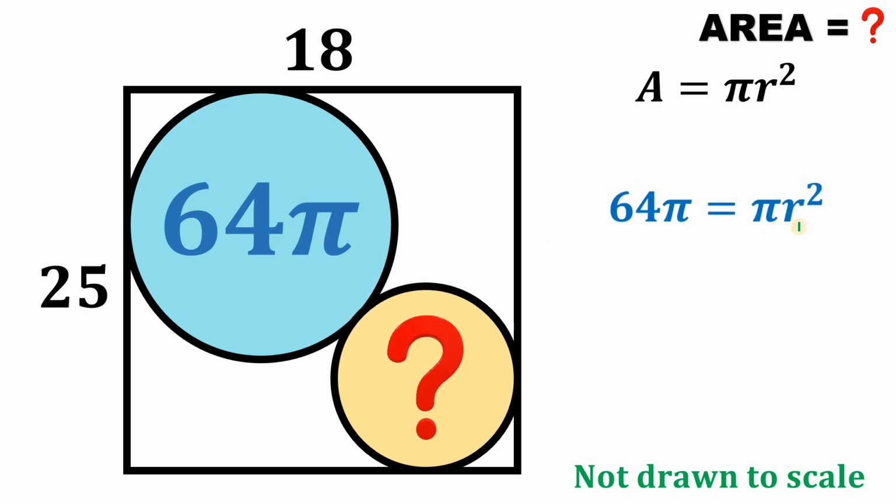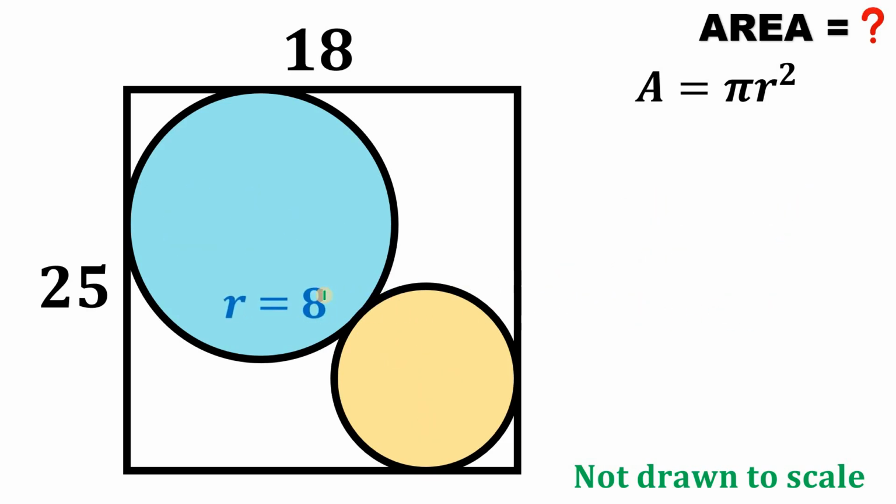We have 64 pi equals pi r squared. If we divide both sides by pi, we eliminate pi, so we have 64 equals r squared. Taking the square root on both sides, we get r equals 8. So the radius of this big circle is 8 units.